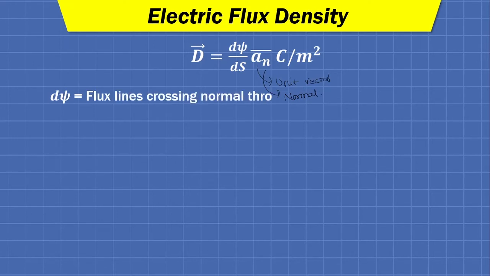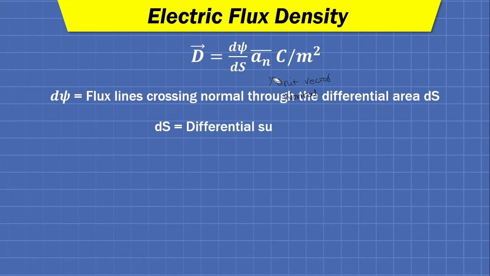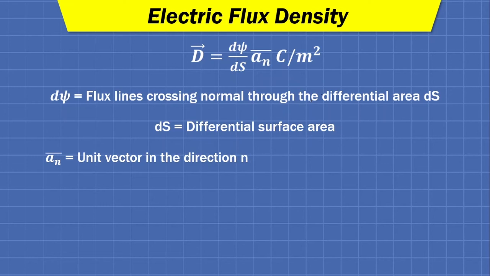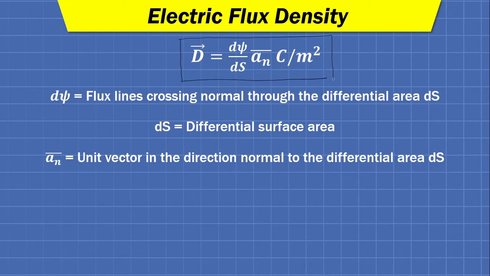So let us understand all these terms. d psi is nothing but the flux lines crossing normally through the differential surface, ds is a differential surface area, and a n bar is a unit vector in the direction normal to the differential area. So this is also a very important formula to understand for the study of electrostatics or electromagnetism, both.